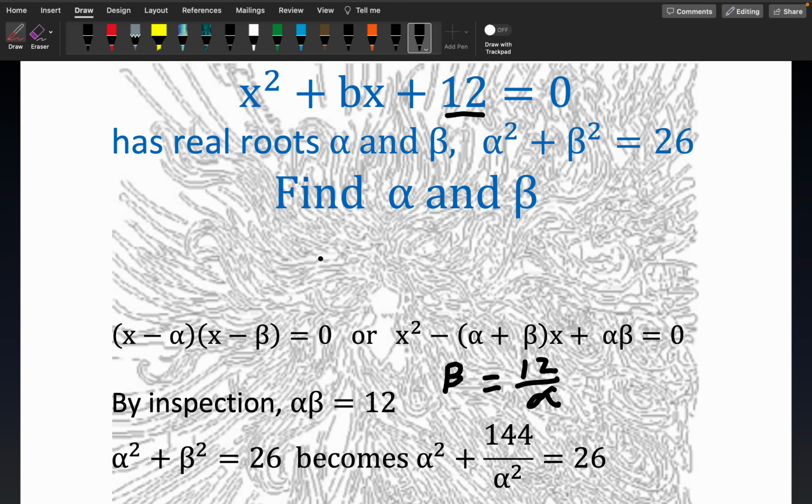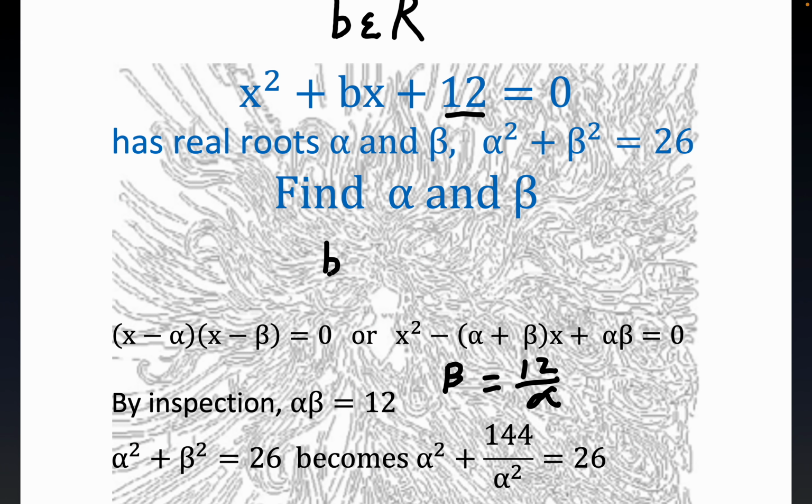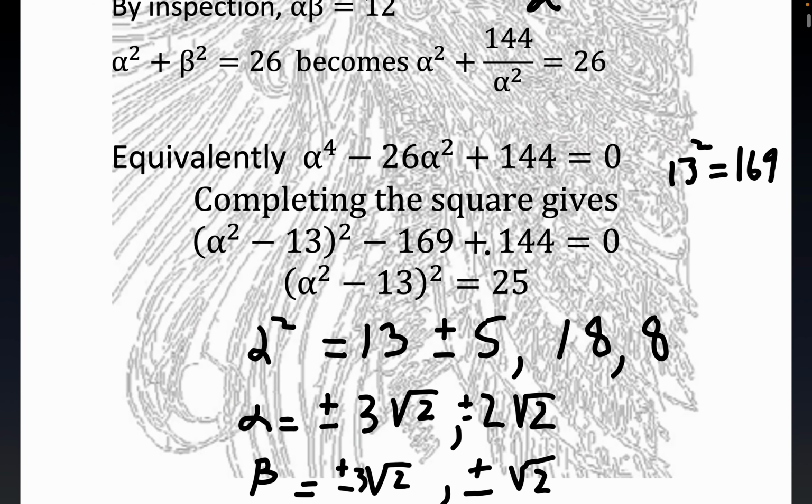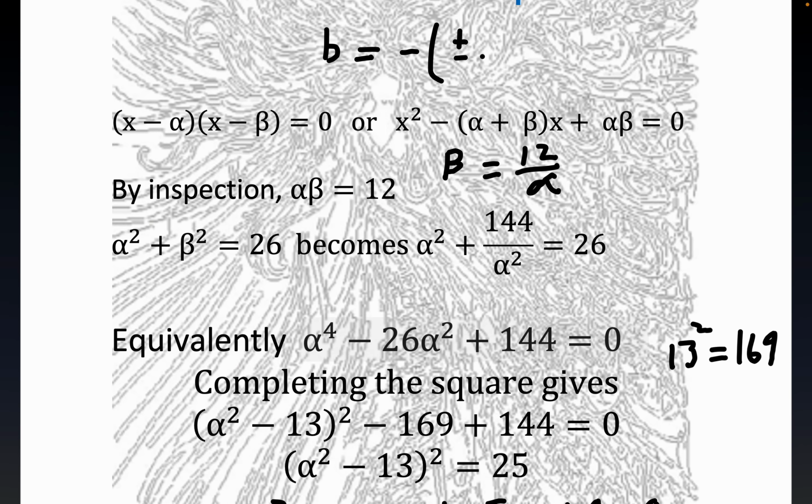We didn't ask for this, but we could also write down B is equal to, comparing right here, minus, plus or minus 3 root 2, and then plus or minus 2 root 2.